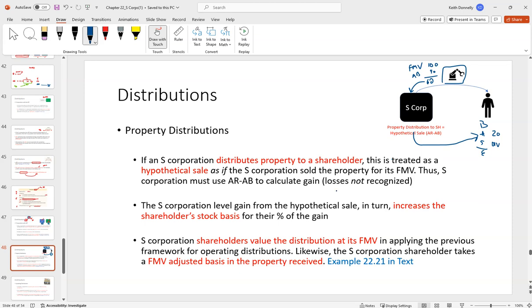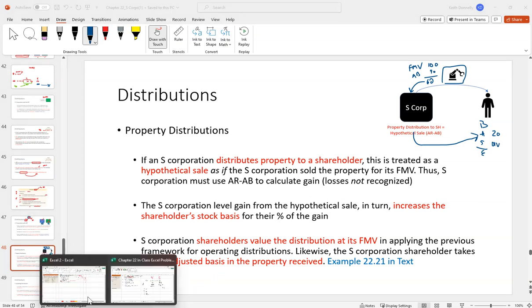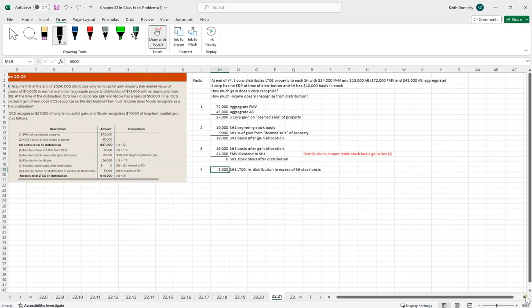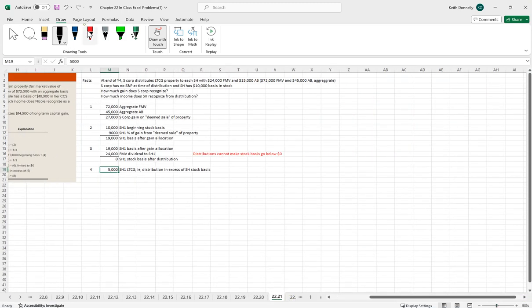Let's look at 2221. Okay, so we have an S Corp. It looks like they distribute long-term capital gain property to each shareholder with $24,000 fair market value and $15,000 adjusted basis.